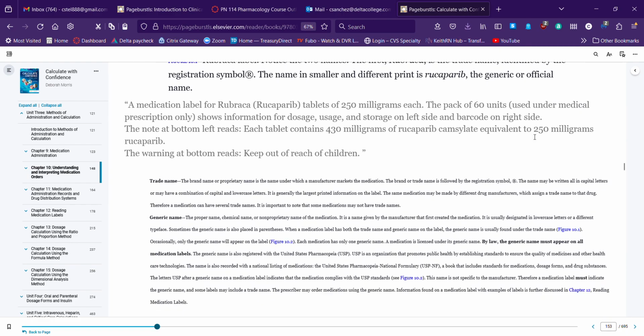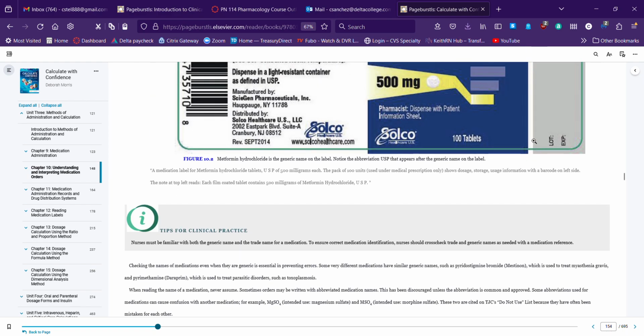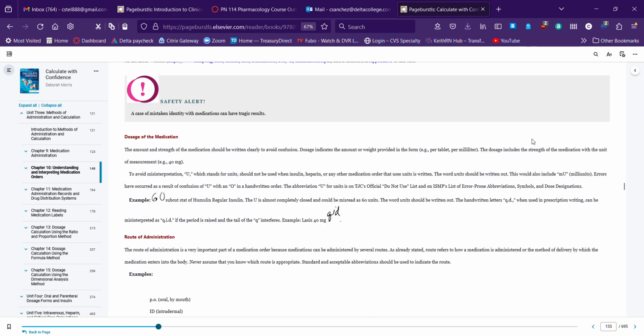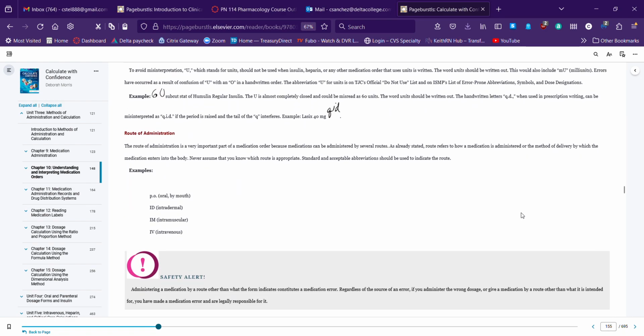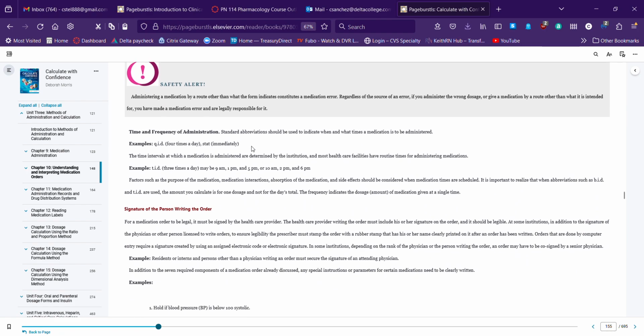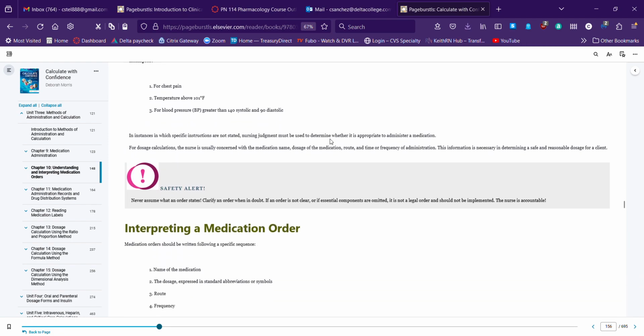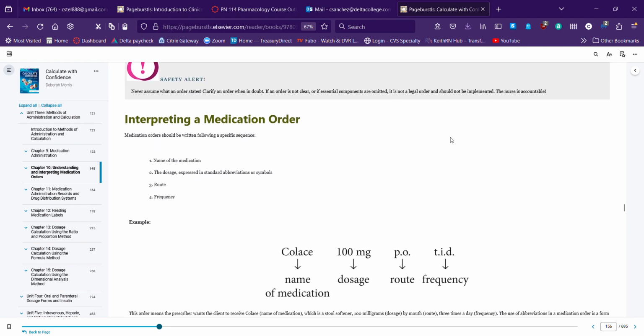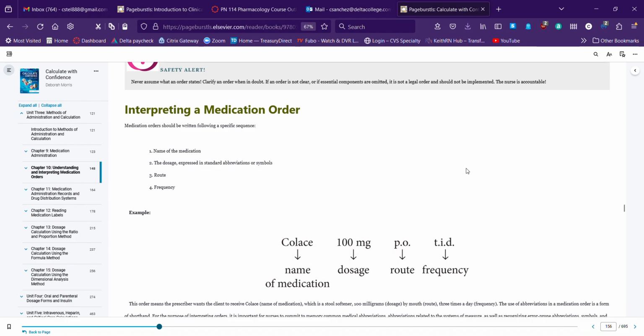So you also want to make sure that you have the dosage of the medication, the route of the medication, and the frequency of the medication administration. And then if it's a PRN medication, you also need to know why it can be taken.